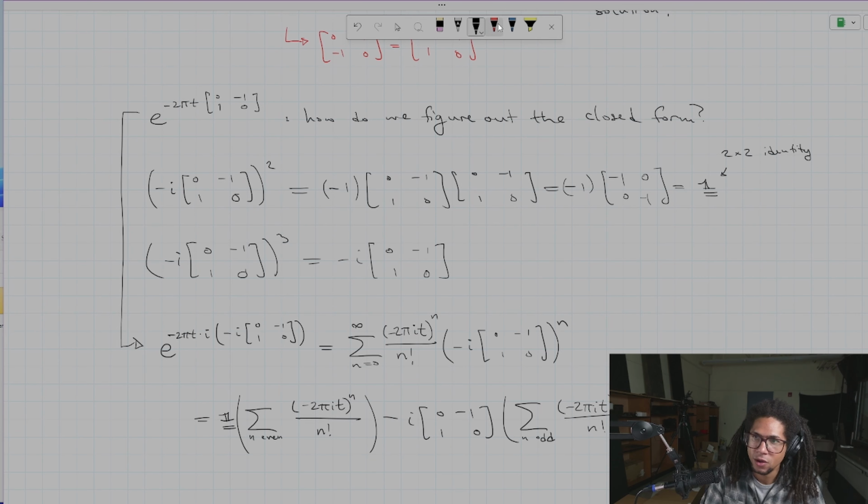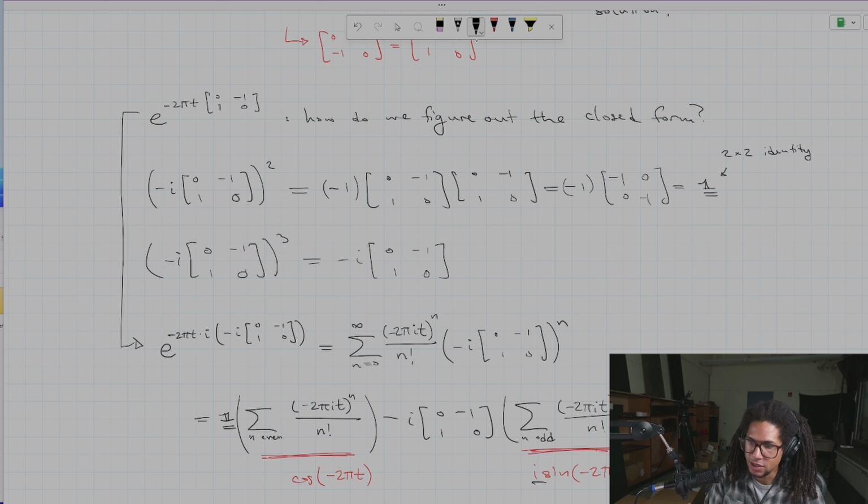But we know what these series are. This is, in fact, exactly the series for cosine, the cosine of minus 2 pi t. And this is precisely the series for sine. I should say for I times sine, sorry. So this is I times sine of minus 2 pi t. So now when all is said and done, this object here that we started with is equal to the 2 by 2 identity times, well, cosine is even, so I'm allowed to ignore that minus sign.